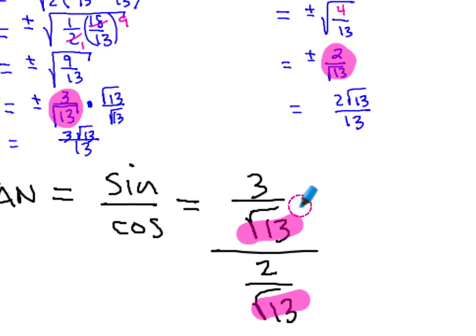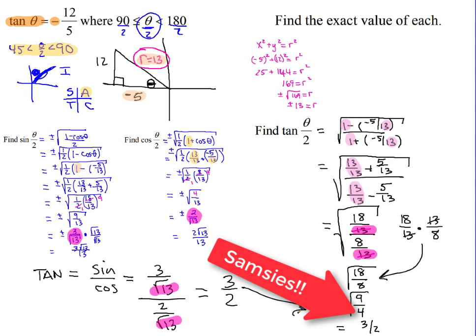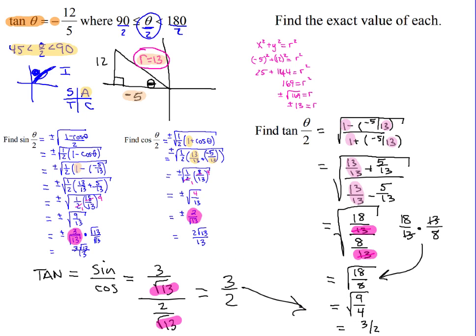That's gone, and what am I left with? Holy cow, it's almost a little miracle on ice kind of thing. 3 over 2. And notice that's the same thing I got over here. So that is one of the ways that you can check yourself before you make sure you got everything. So that and that jive, which means all of this, I did that correctly.